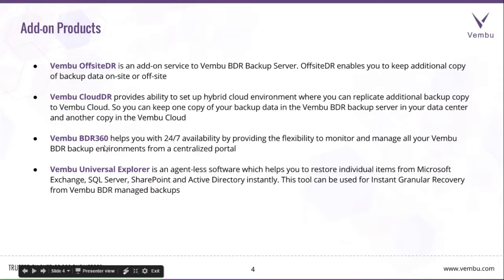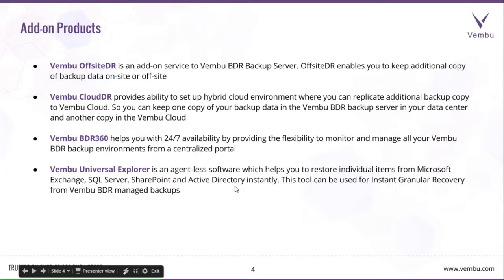It's a management tool. For example, if you have 10 or 12 BDR servers in different locations and want to monitor them from one single console, you just install the Vembu BDR 360 installer on each server, and through the web interface you can monitor all your local BDR servers.